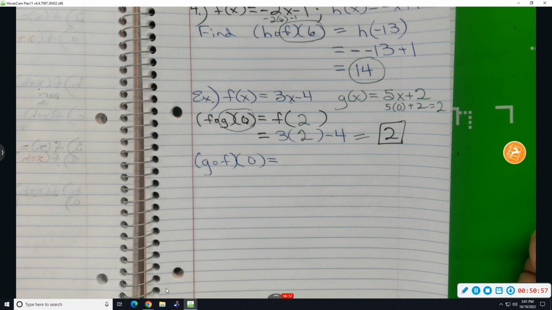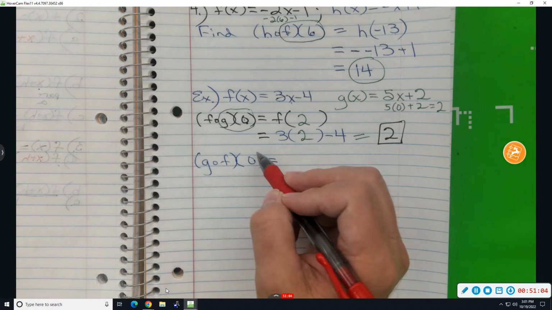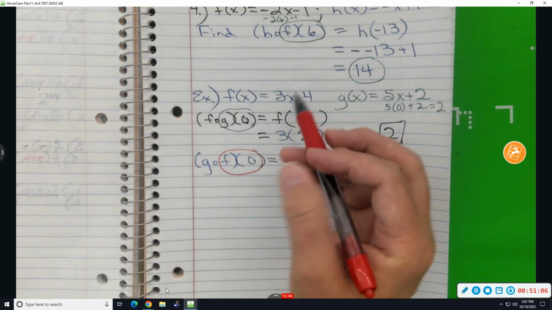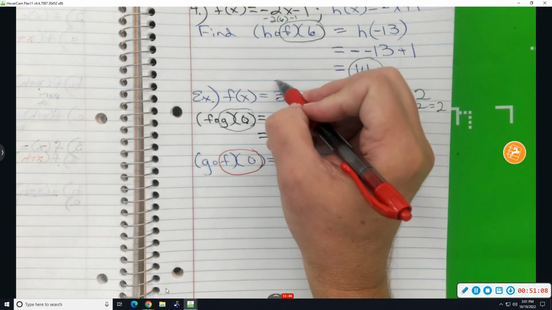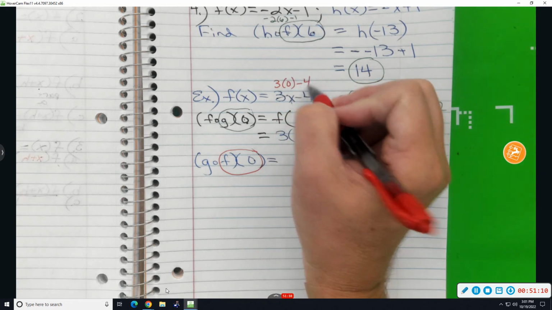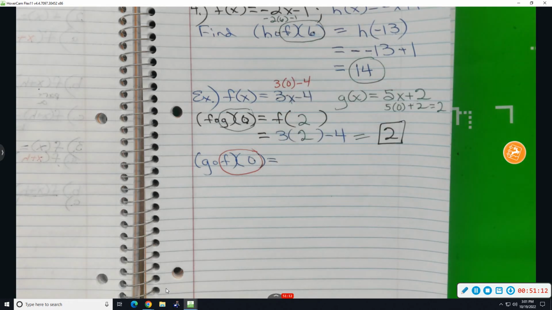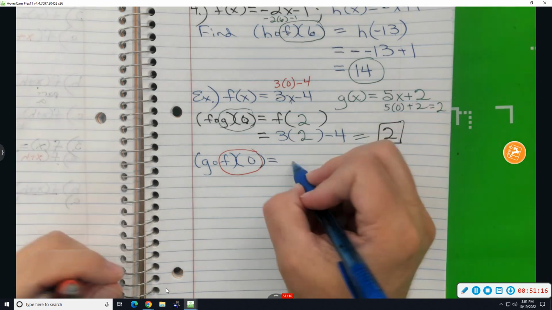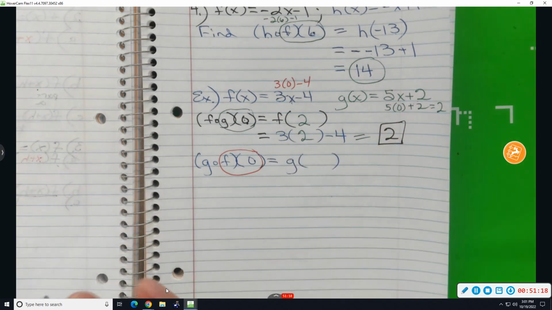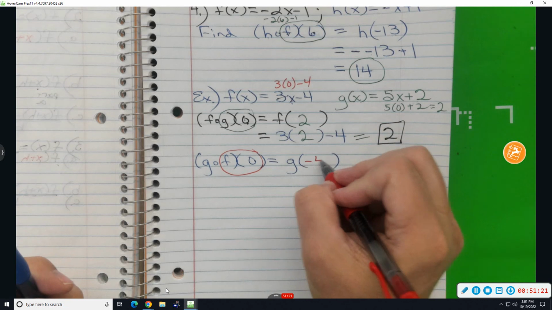We start off by plugging 0 into which function? Okay, so we're plugging that 0 into f, 3x minus 4. So that's 3 times 0 minus 4. What's that going to give us? Negative 4. So we have a g on the outside and a negative 4 on the inside.